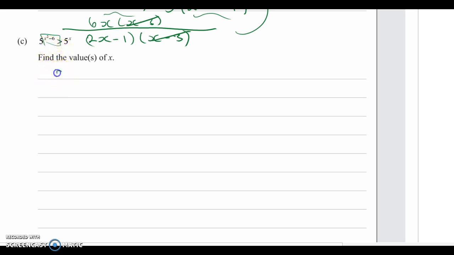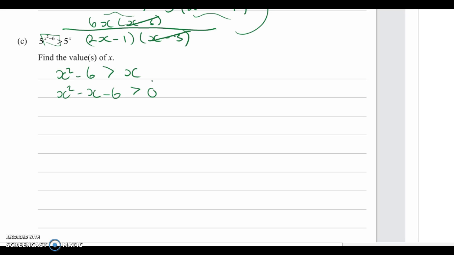So x squared minus 6 must be larger than x. And I'm going to minus this x from that side. So it's x squared minus x minus 6 is greater than 0.